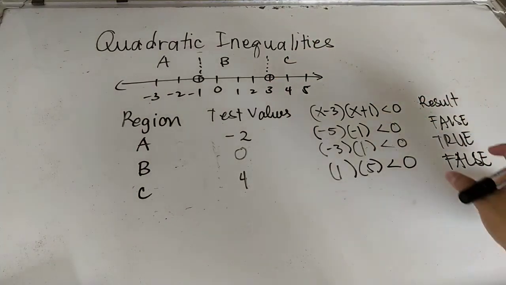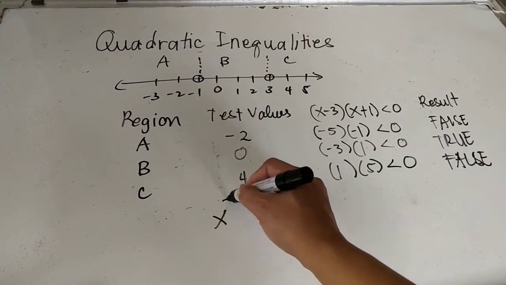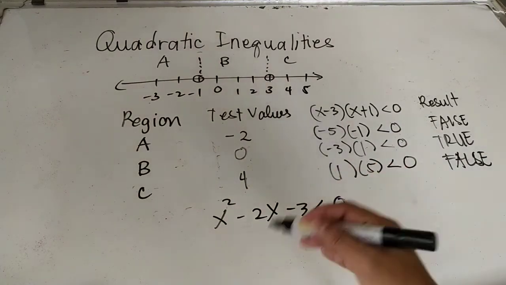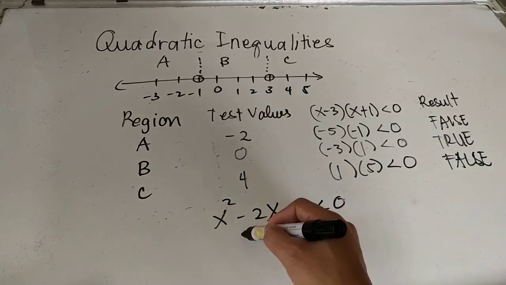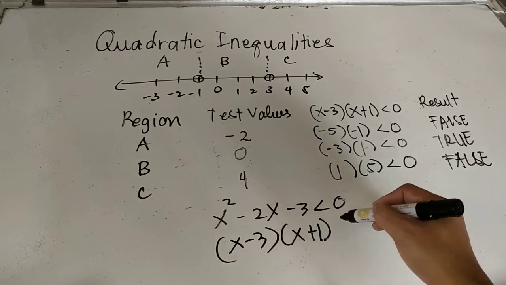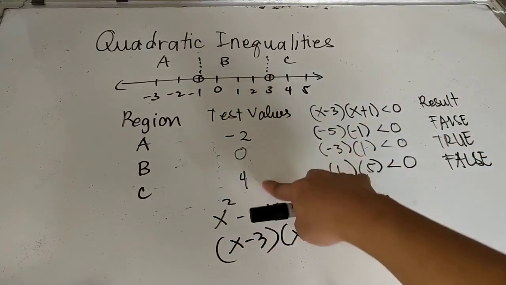Okay. So, ang nag-true lang dyan ay tatanggapin natin part ng quadratic inequality na x squared minus 2x minus 3 less than 0, wherein ang factors nito ulit ay x minus 3 and x plus 1 kanina. Ito yung sinubstitute natin doon sa test values natin.